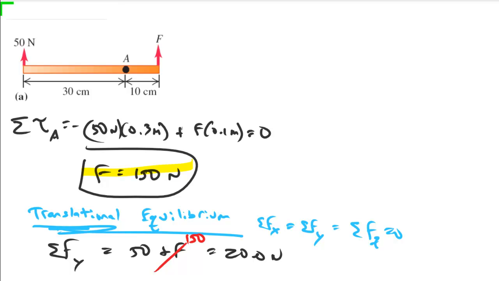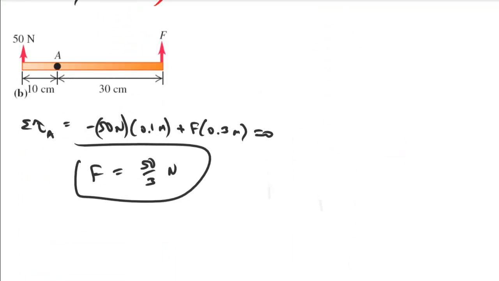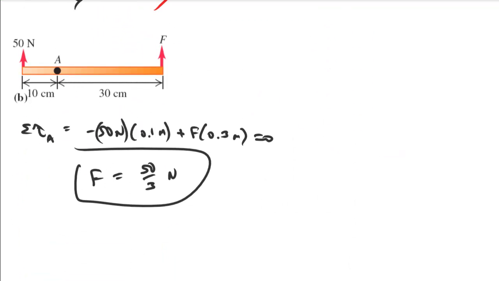In order for it to be in translational equilibrium, this would actually have to be fastened here, and there'd have to be a force down like that, right? Okay. So also for B here, the sum of the forces in the y direction, this is 50 plus 50 thirds, which I honestly don't care what that is. I just care that it's not equal to 0. So it's not in translational equilibrium.